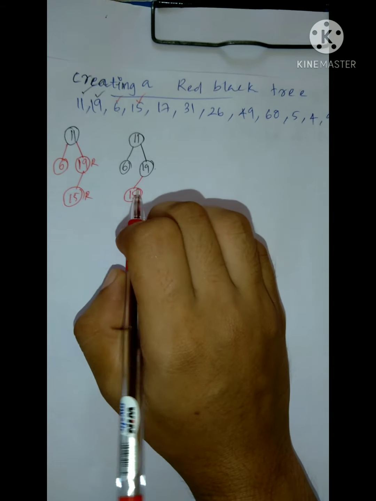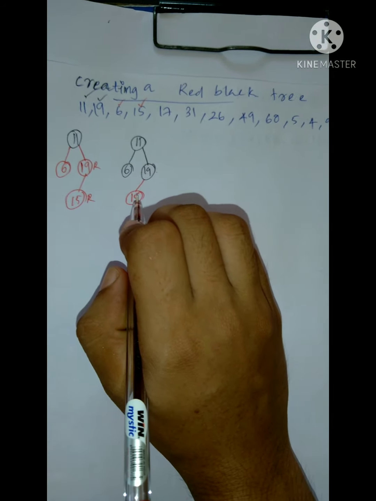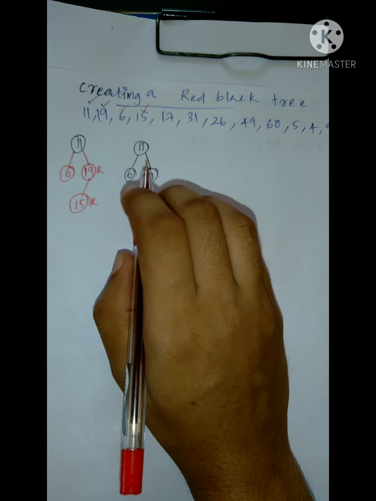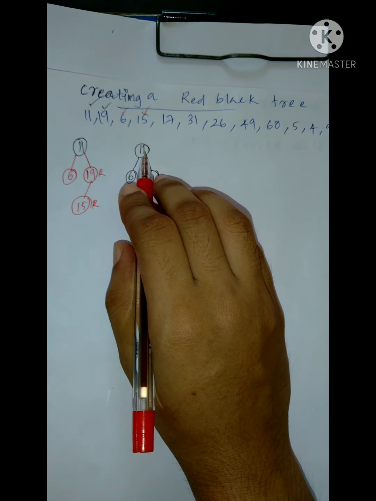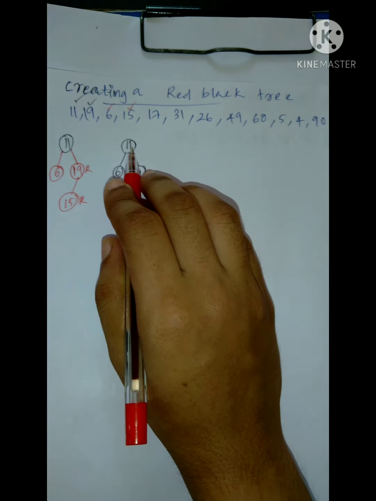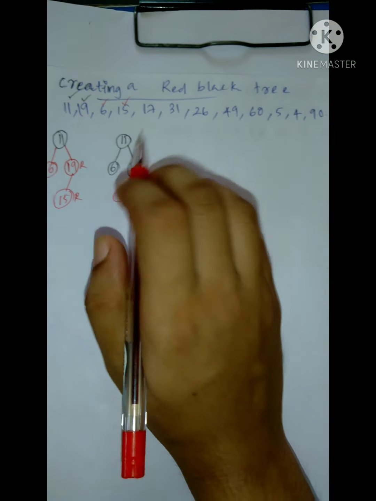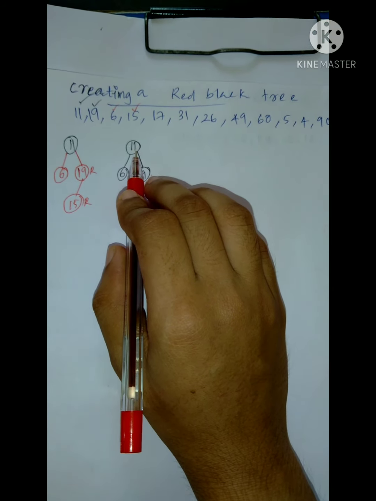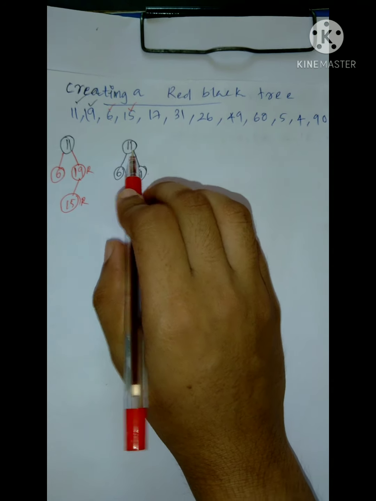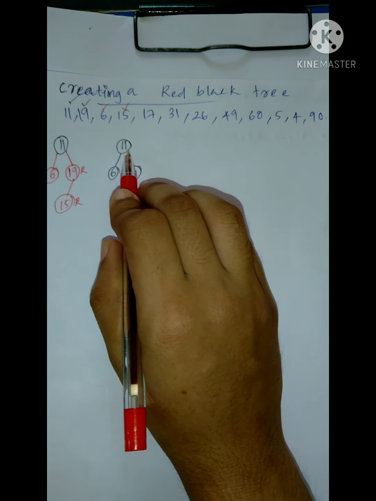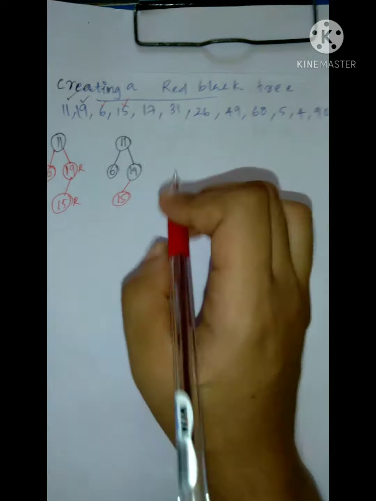Then another rule: check the parent's parent. The parent's parent is 11 and it is the root node, so we don't want to recolor it. If 11 is not a root node, then we want to recolor 11 also. So we have inserted 15 also.